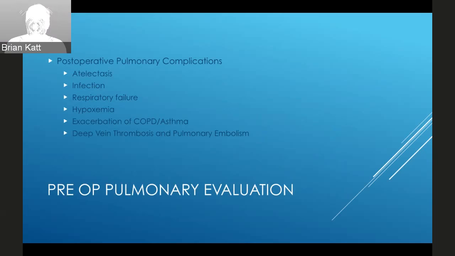Probably one of the biggest and most common ones in the postoperative period is simply atelectasis. It's a word that's used a lot but may not have clear meaning for a lot of clinicians. Atelectasis is simply when the subsegmental airways collapse partially or completely, restricting airflow into those segments.